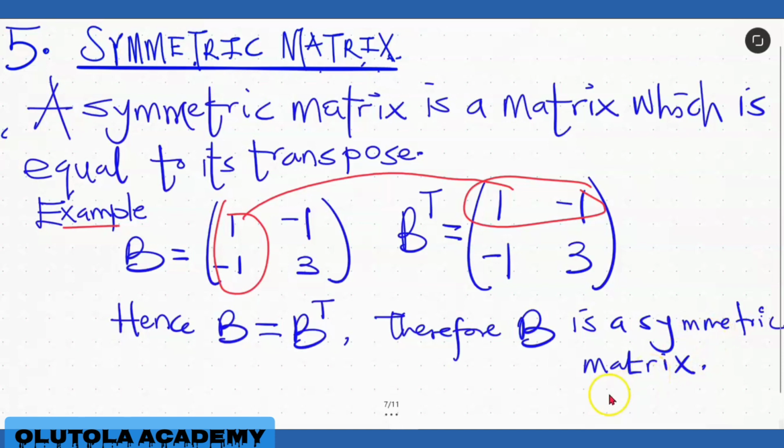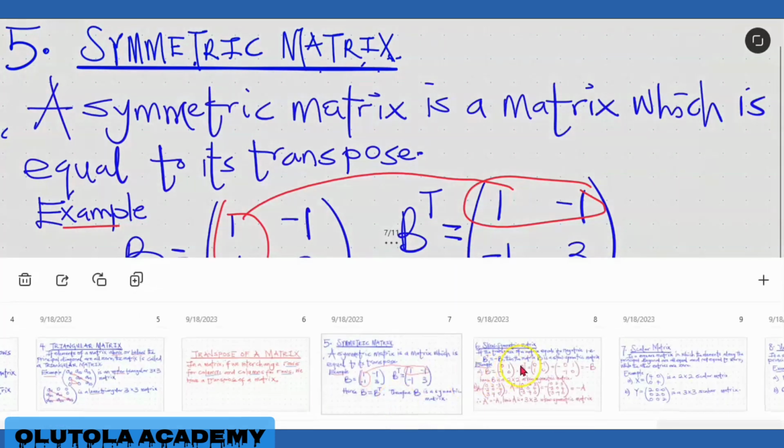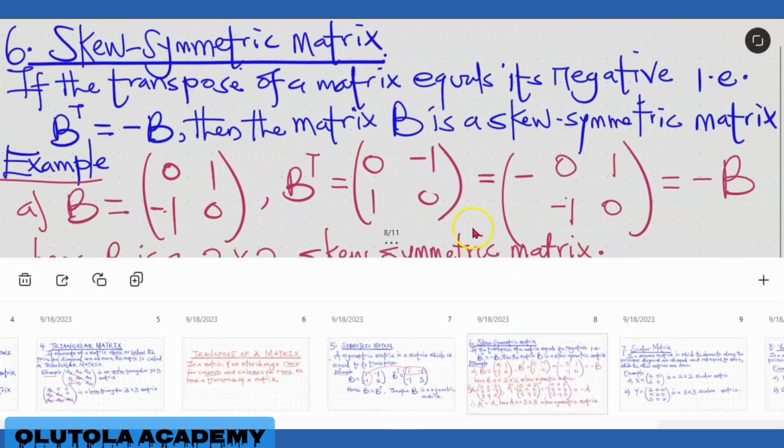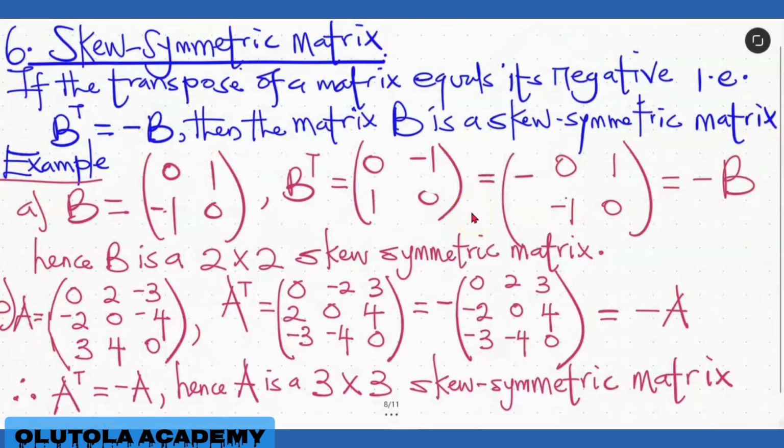So let's go to the next one. The next one also has to do with transpose. The sixth type of matrix is the skew-symmetric matrix.